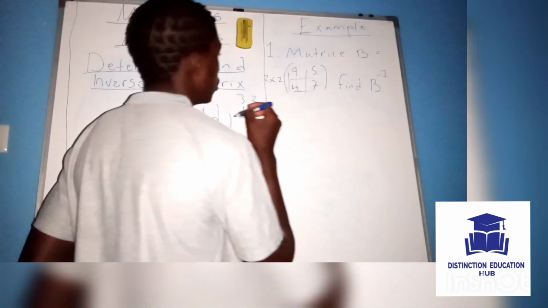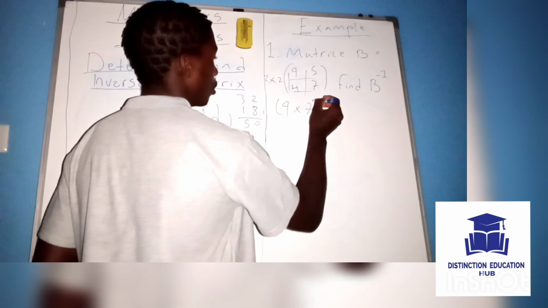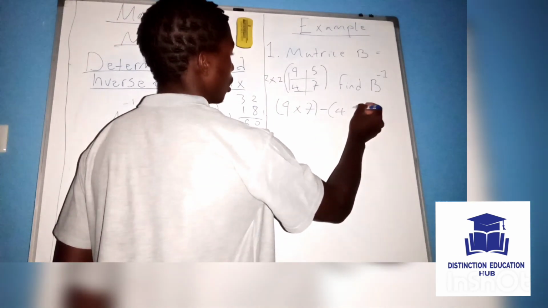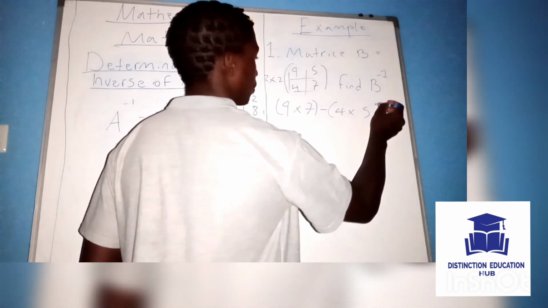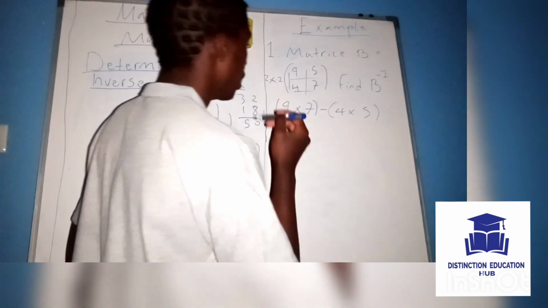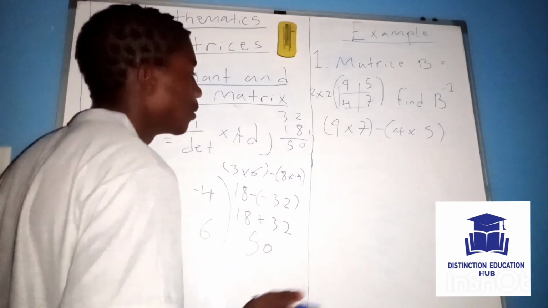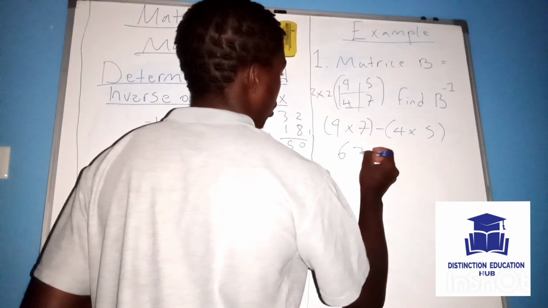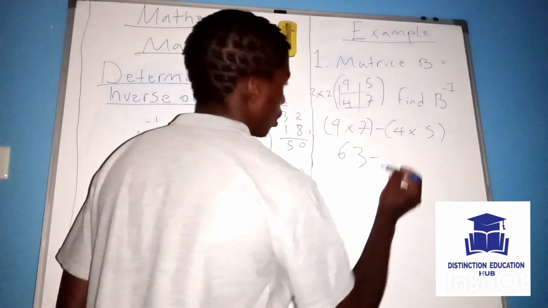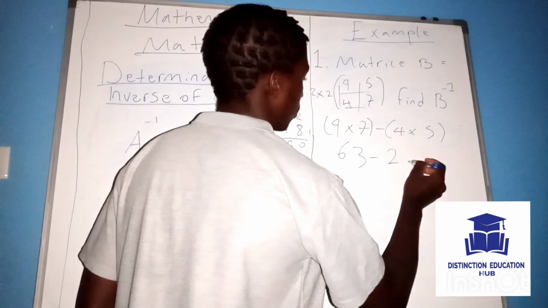We're going to say 9 by 7, close brackets, minus 4 by 5. 9 by 7, you get 63, minus 4 by 5, you get 20.